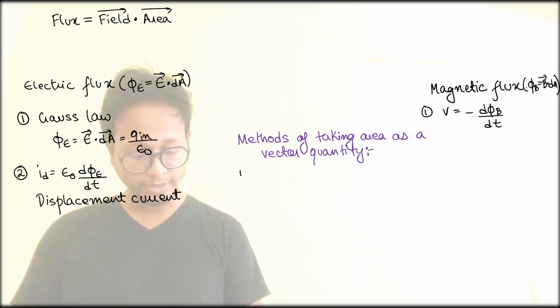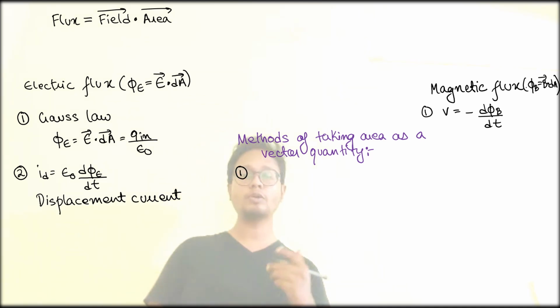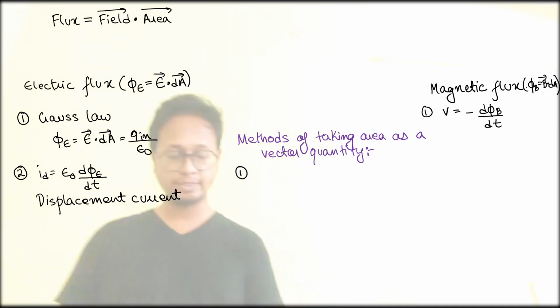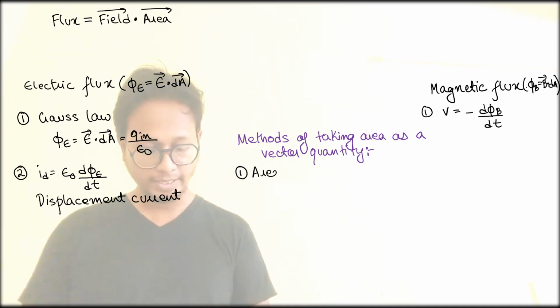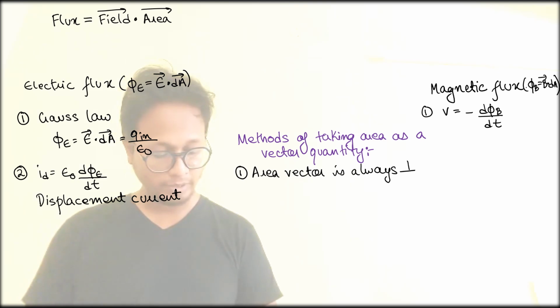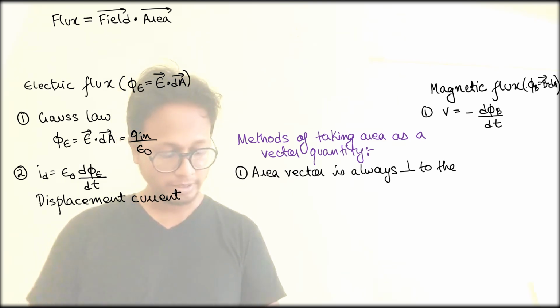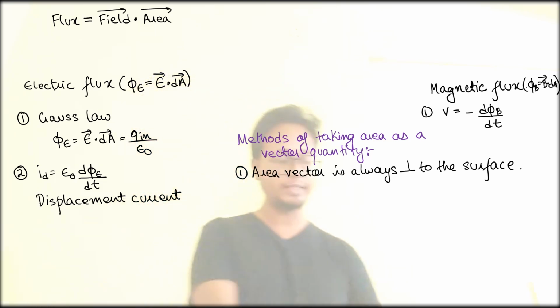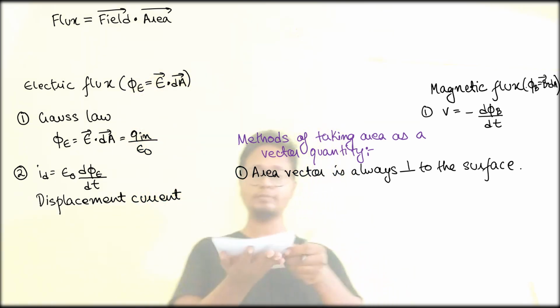The first rule is the area vector is always perpendicular to the surface. What I mean is, suppose this is a plane.